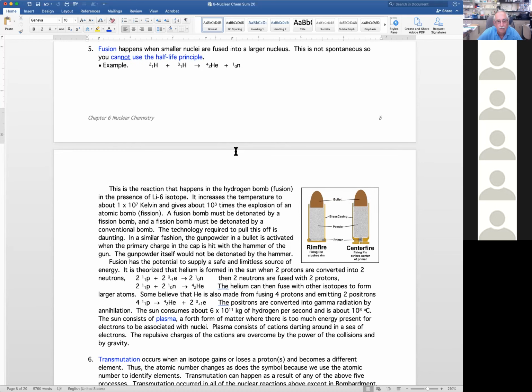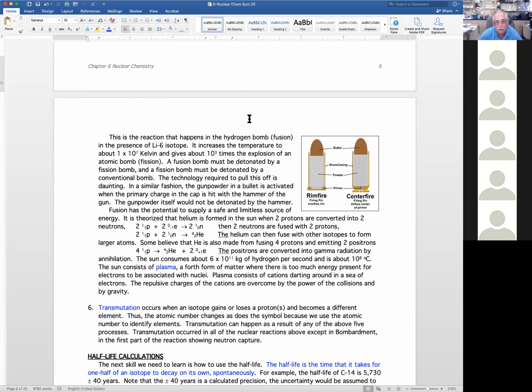This is the nuclear reaction behind what's called the hydrogen bomb, which is actually a fusion bomb. It requires a tremendous amount of technology. The explosion is about 1,000 times that of an atomic bomb, which is fission.